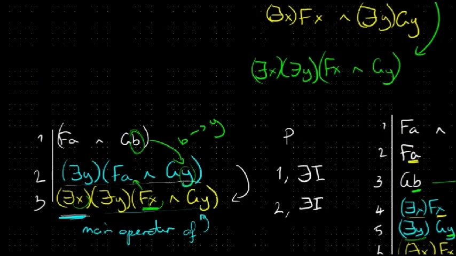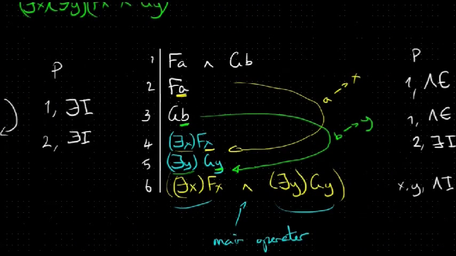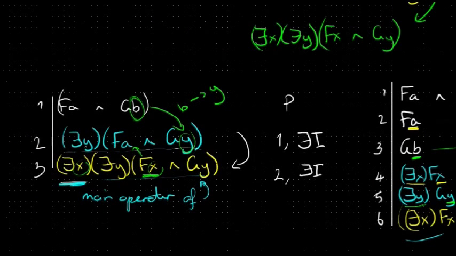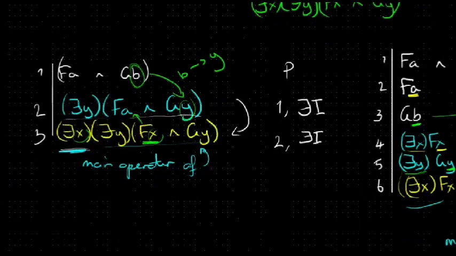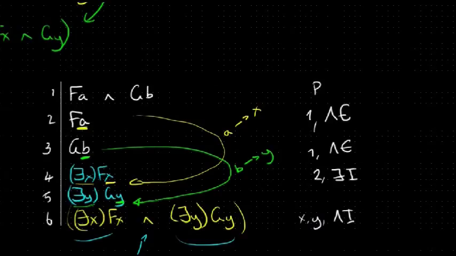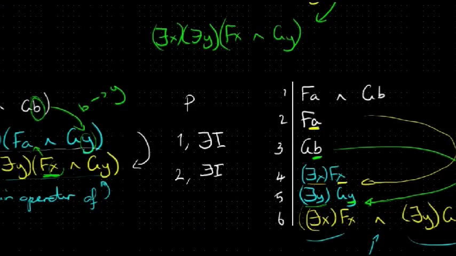The first existential introduction stops us from doing anything like this, getting EX, FX and EY, GY on their own, because once we've added the existential quantifier, it has scope over this whole thing. Okay, so there's a case where we need to be careful and think about where we're headed in order to see what we need to do with our proof.